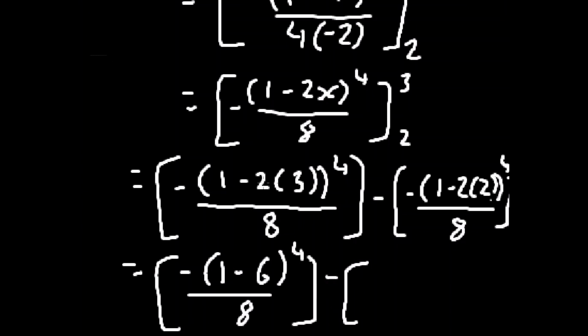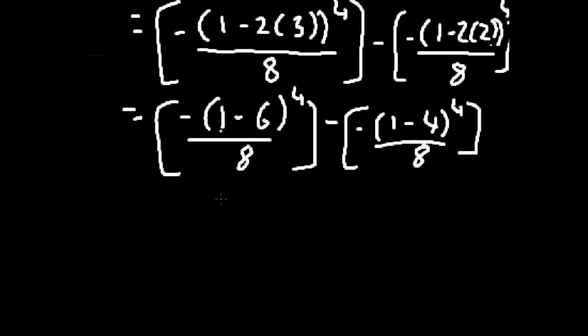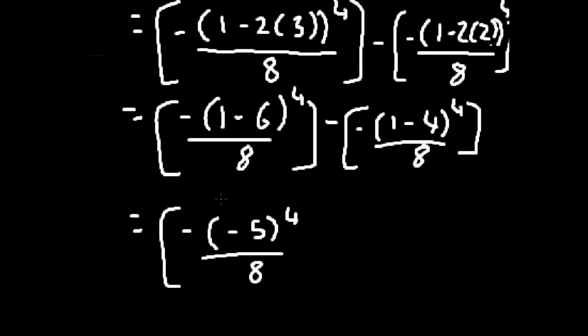And we say that that's 1 minus 4, to the power of 4 there. And let's just work it out by saying that 1 minus 6 is equal to minus 5, minus 5 specifically. And this one here is equal to minus 3.